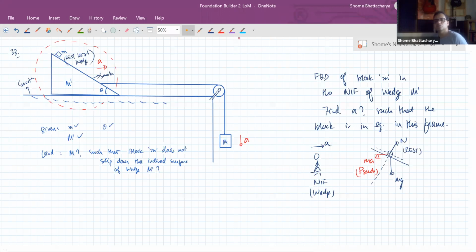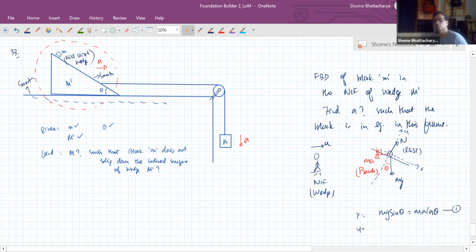Now we know that this angle is theta, as is this angle theta. If we want to balance the forces along our x-axis, down the inclined plane, mg sine theta down the inclined plane balances ma cos theta.